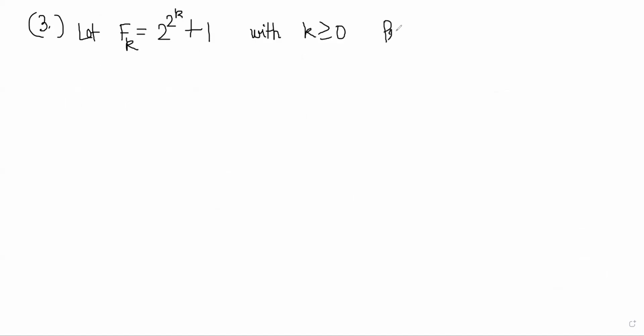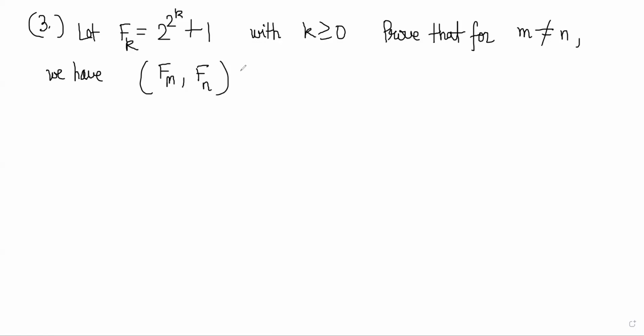Prove that for m not equal to n, we have GCD of f m and f n is equal to 1. Or basically, any two numbers of this form where m and n are not equal are co-prime to each other, right? So we'll try to show this one.